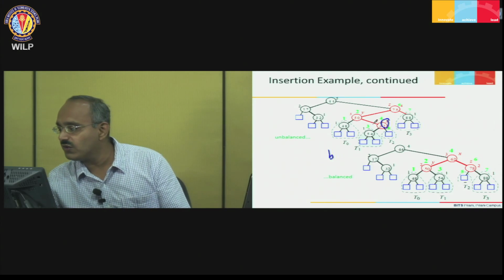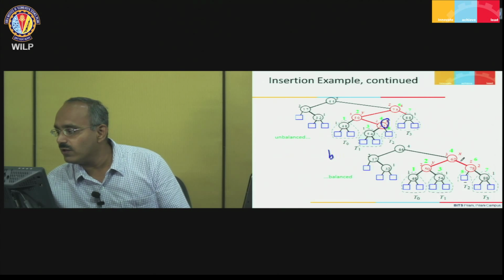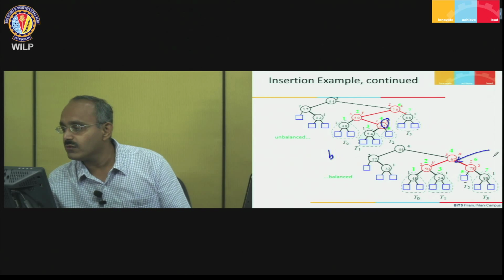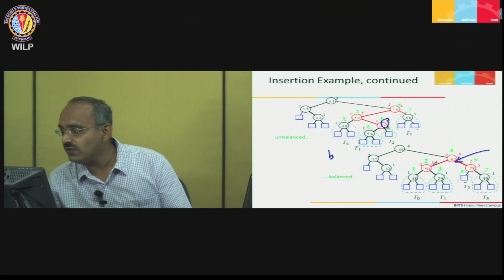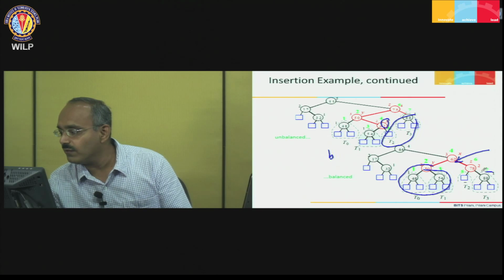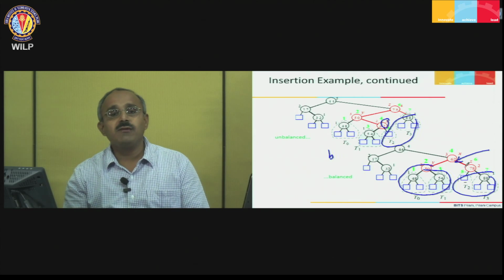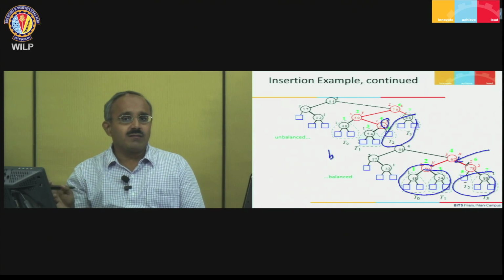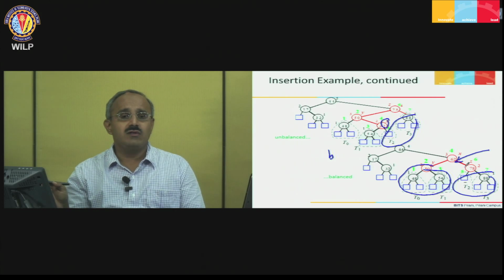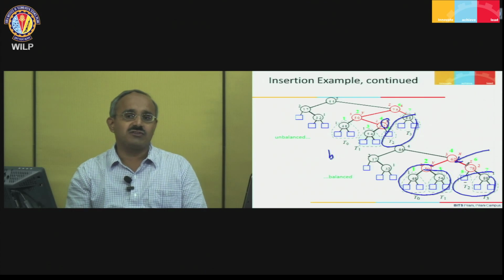So this node 62 will go here at this place. These things will come as the left subtree and these things will come as the right subtree. Right. So this particular example fits into the 4th case of our restructuring.